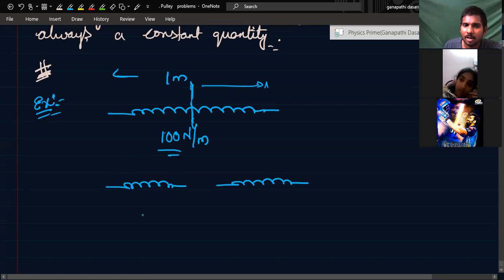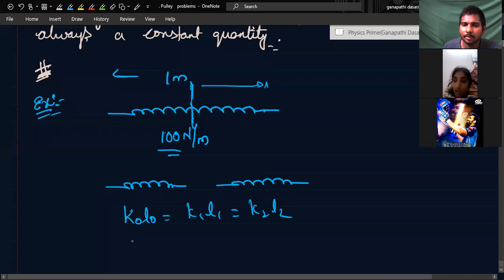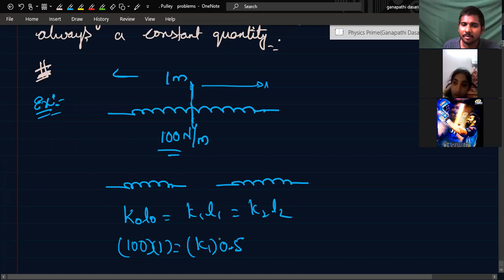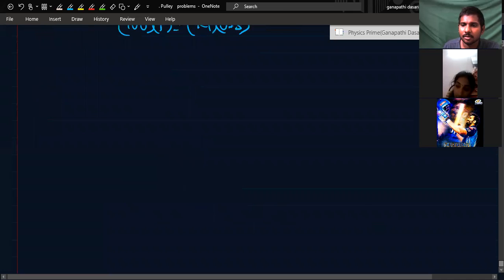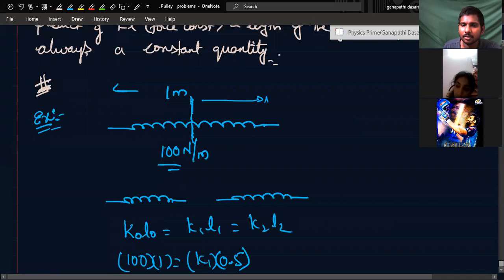K naught L naught equals K1 L1 equals K2 L2. Here 100 into 1 is equal to K1 into 50 centimeters, that is 0.5 meters, equal to K2 into 0.5.